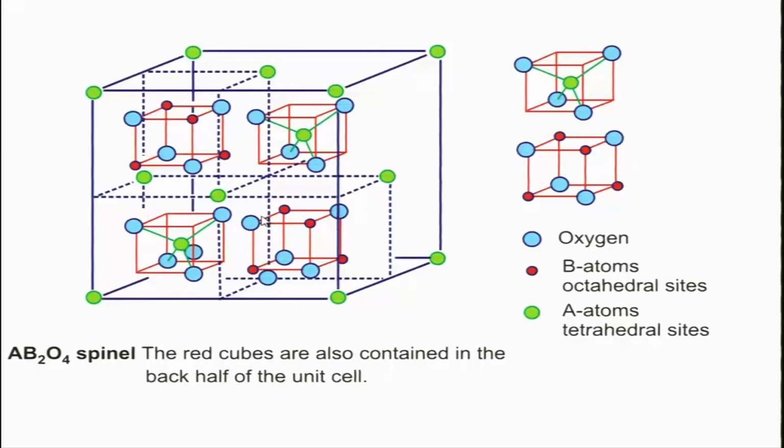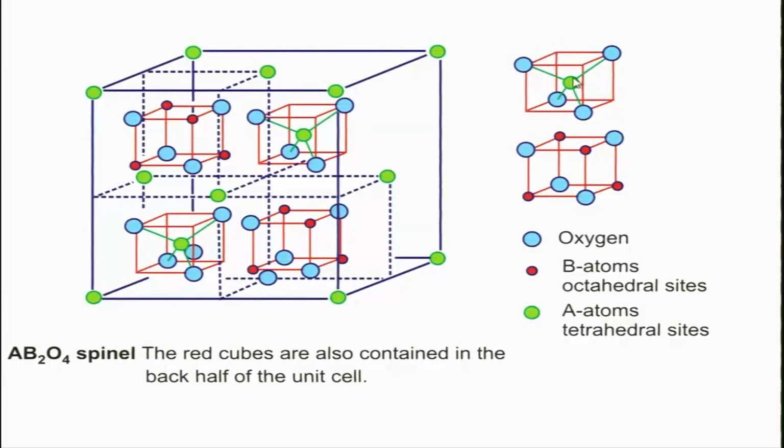Since it has an FCC symmetry, the FCC lattice is made by cations and anions both. Here you can see the lattice is drawn in such a manner that the lattice corners are put on the A atoms. This is for AB2O4 normal spinel. A atoms occupy the tetrahedral sites, and you can also build an FCC lattice based on that, and the B atoms go to octahedral sites, and oxygen basically are the anions.